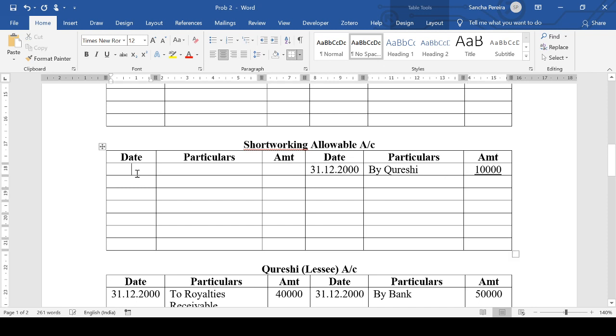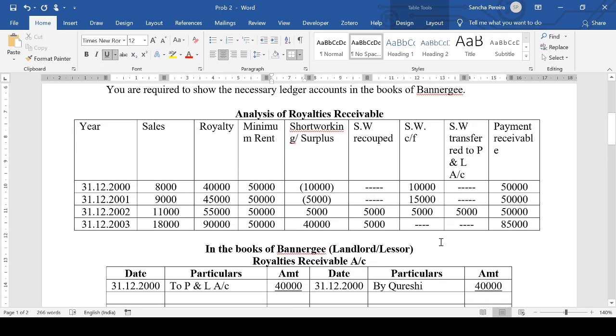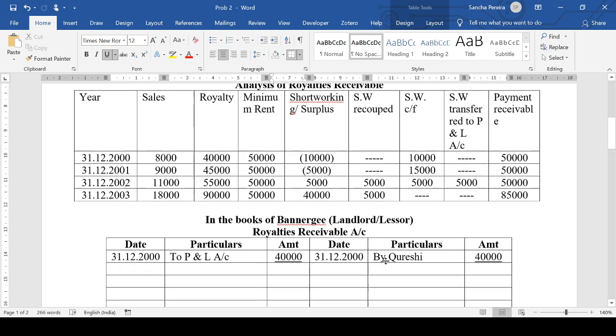What will we have here? To balance carried down. If you see the statement, we have carried forward a balance of 10,000. Royalties receivable account closes by itself.